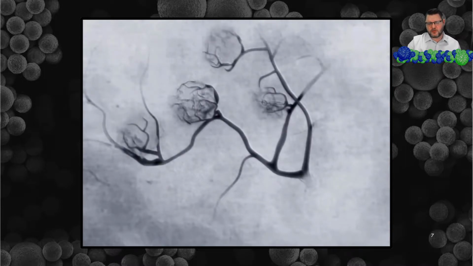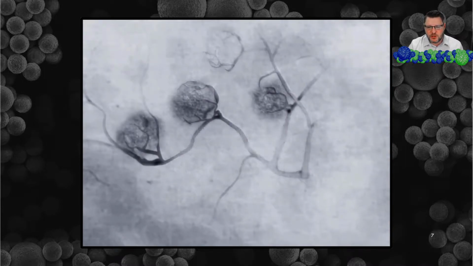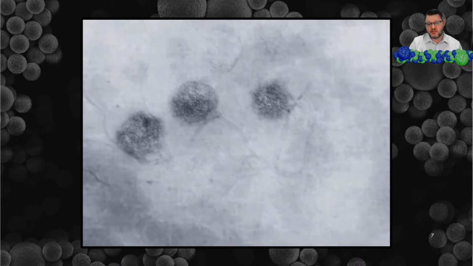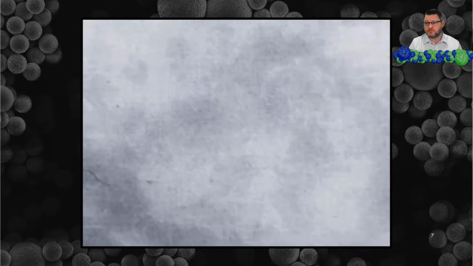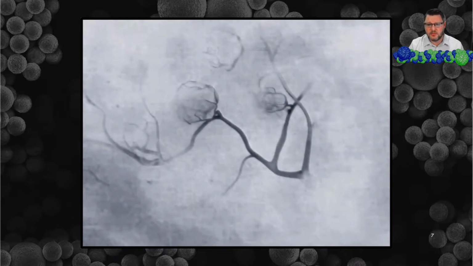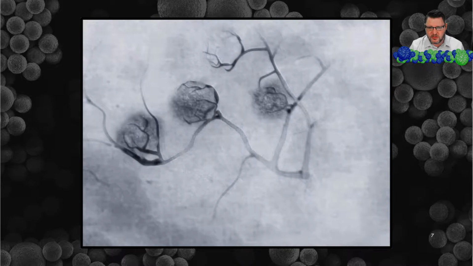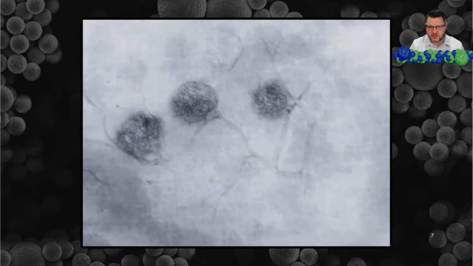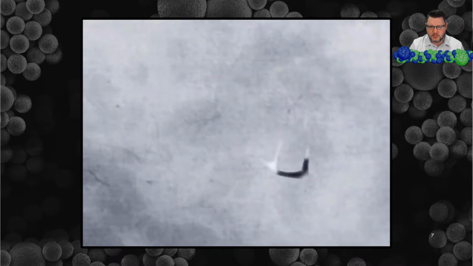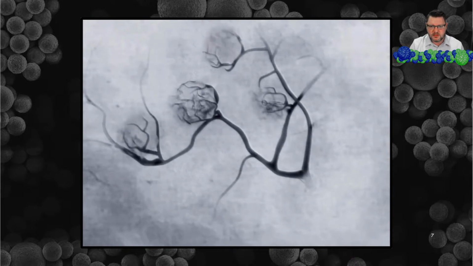We did get this from the Sirtex website. This shows as contrast is injected into the hepatic arteries. You can see the arterial structures, but most importantly, you can see the tumors themselves. They kind of blush right there. Those are those three spheres, four there that you can see.